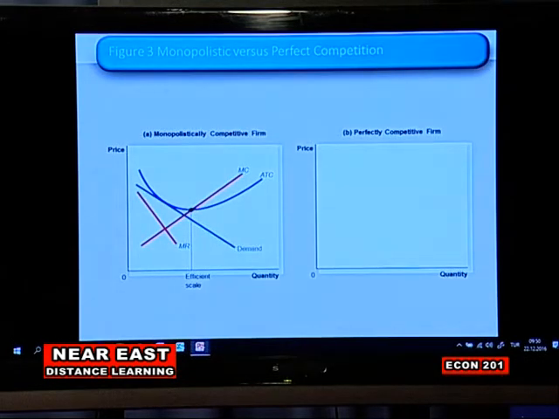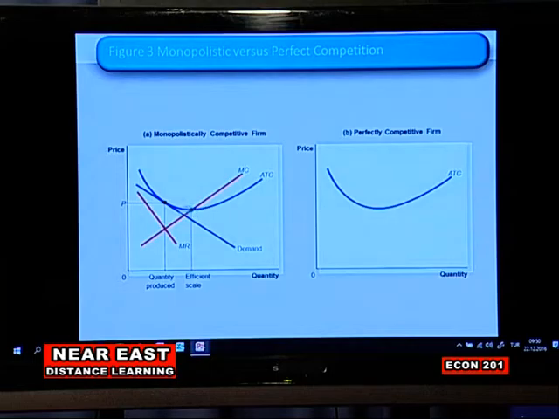See this? Look, here is a monopolistic competitive firm. The price is determined at the point of intersection between marginal revenue and marginal cost here, while if the market is to operate efficiently, then it will produce at the lowest point of the average total cost, and the price will relatively be lower.